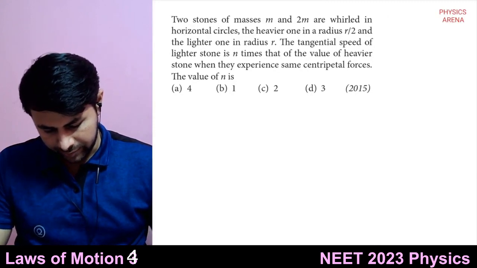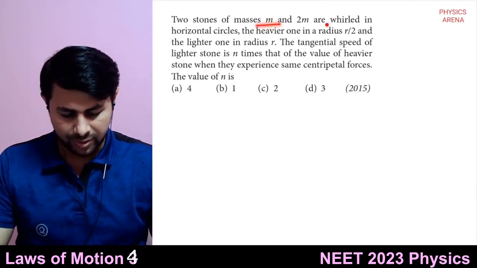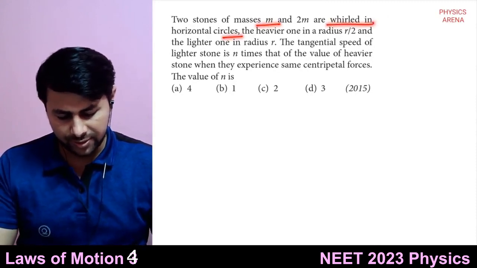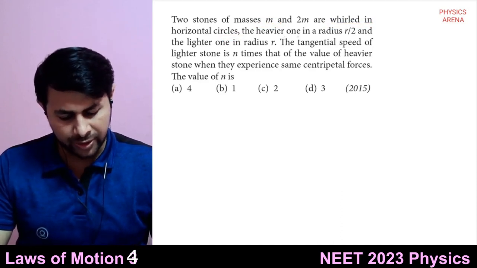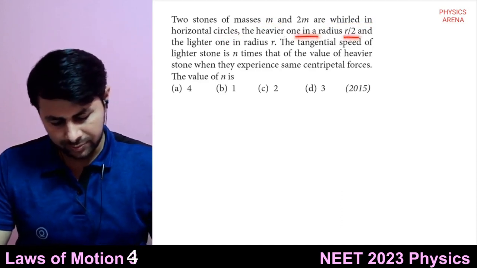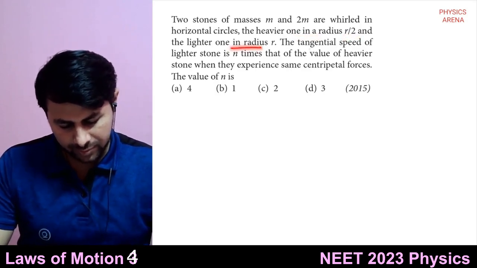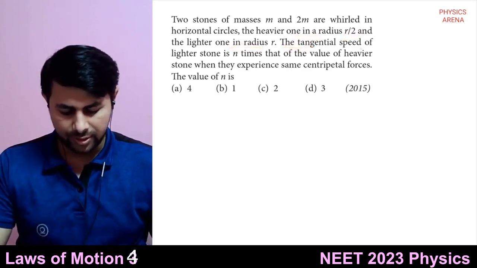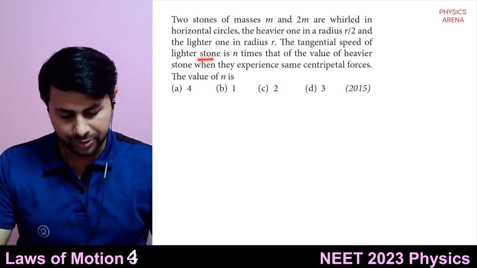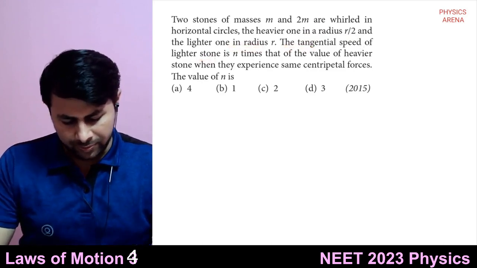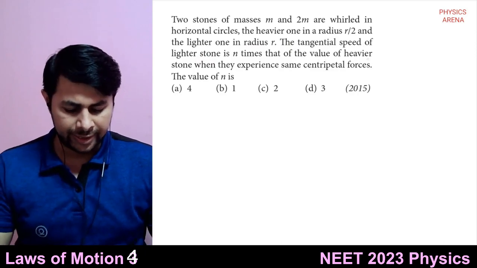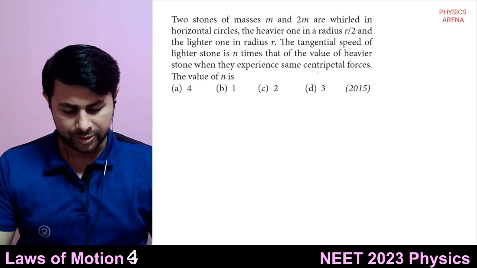Two stones of masses m and 2m are whirled in horizontal circles, the heavier one in radius r by 2 and the lighter one in radius r. The tangential speed of the lighter stone is n times that of the heavier stone when they experience the same centripetal forces.